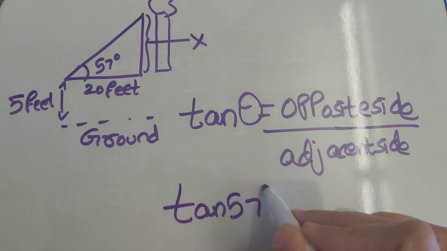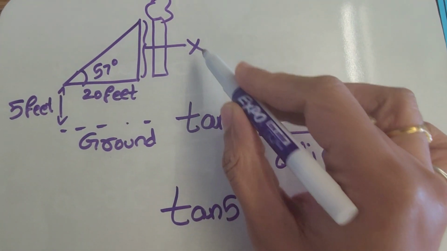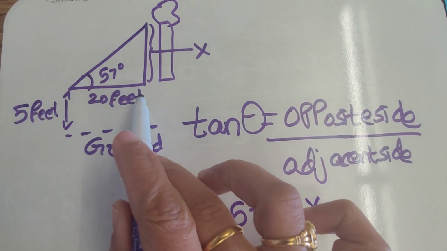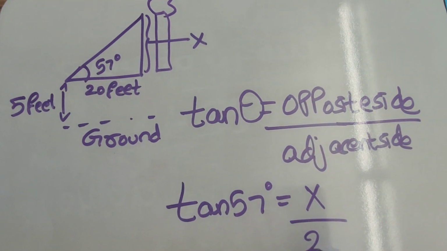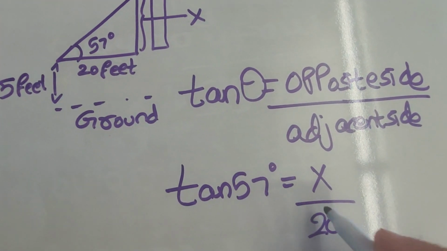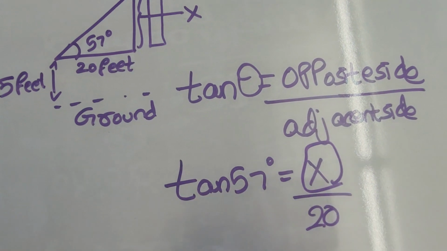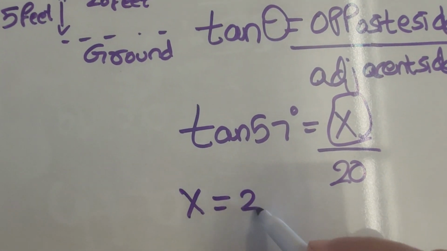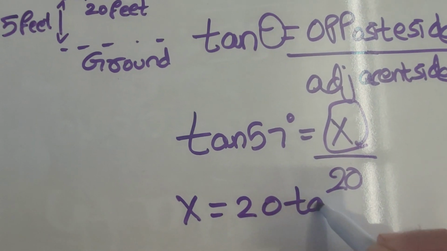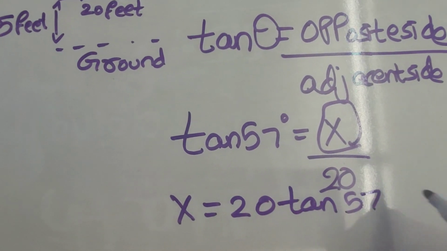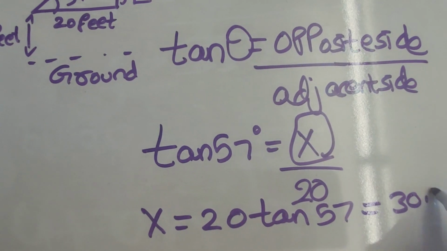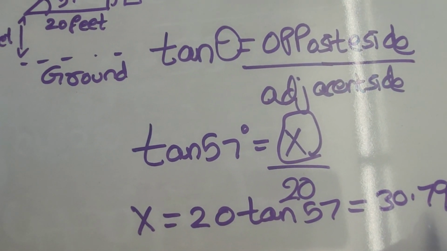So tan 57 degrees is opposite side, x, the height of the tree, by adjacent side, here on the floor, which is 20. From this, we are finding the height of the tree, which is x equal to 20 into tan 57, which is nothing but 30.79 using the calculator.